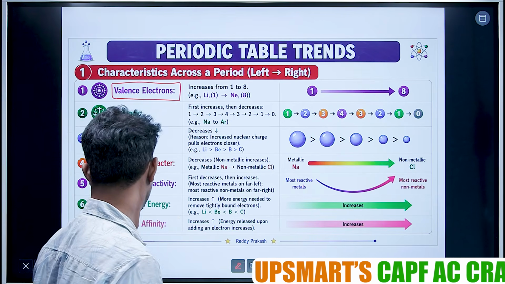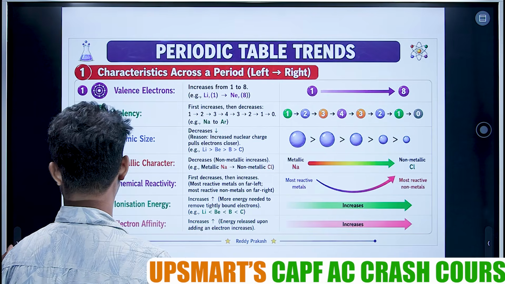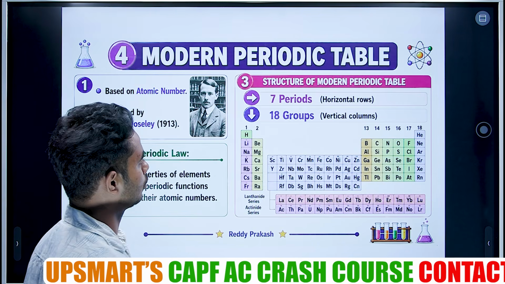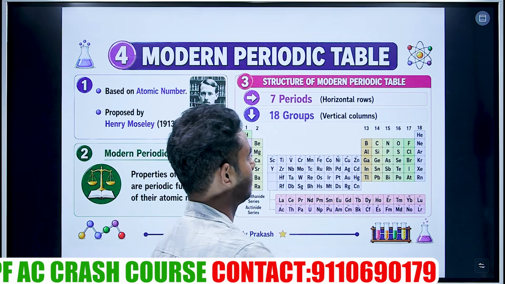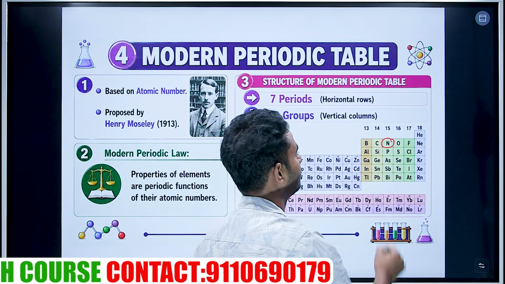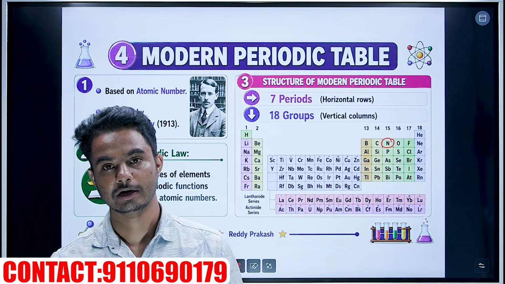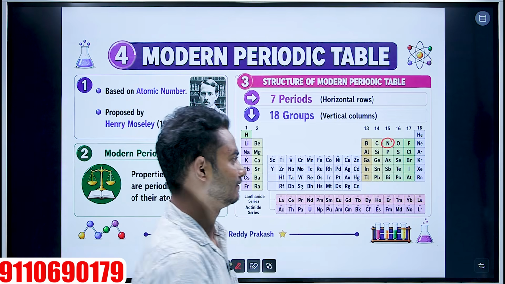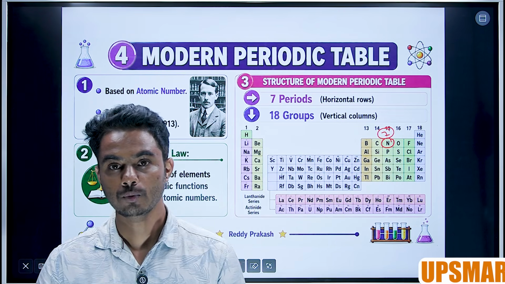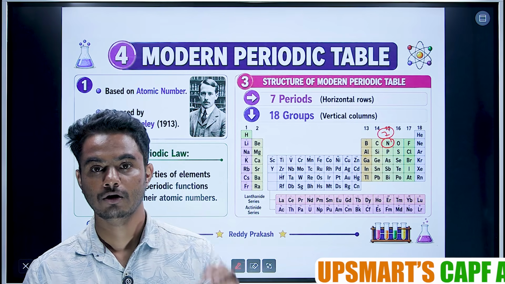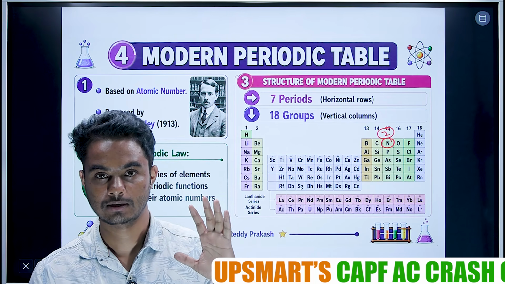Beyond carbon, what do you get here? Nitrogen, right? Beyond carbon, you get nitrogen with atomic number 7. So it will have 5 electrons in the L shell.